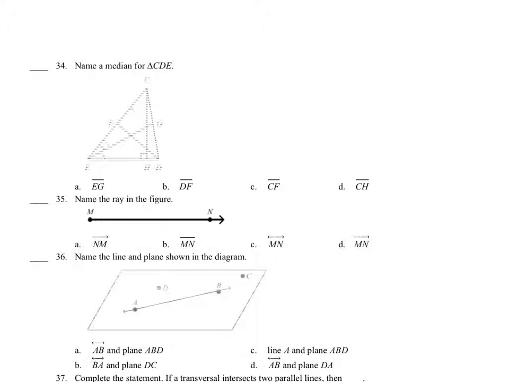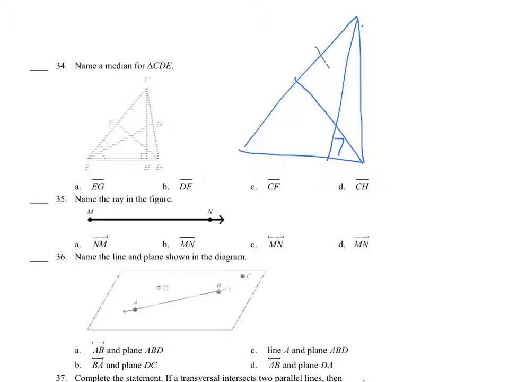Hard to read this, but name the median. I'll just go ahead and draw this shape over here. Okay, and we have 3 segments going through the middle of this triangle.